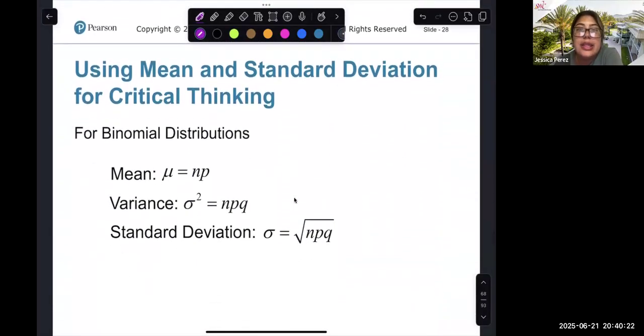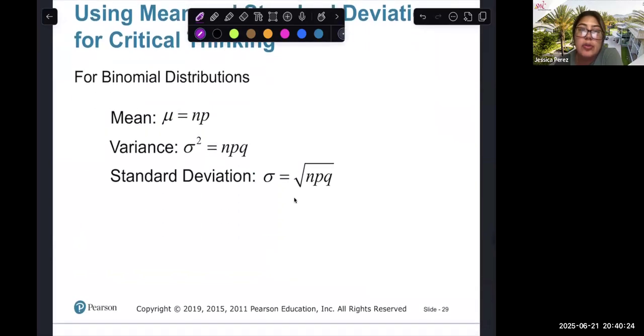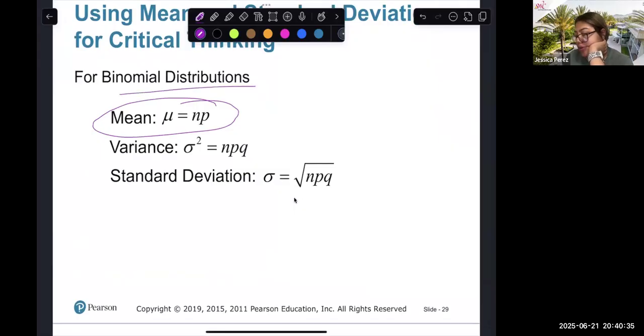Now, when we're finding the mean and the standard deviation for a binomial distribution, your mean is going to be a population mean. Remember, it's a parameter. So for a binomial distribution, the population mean is the number of trials times your probability. Your standard deviation would be the square root of n times p times q.